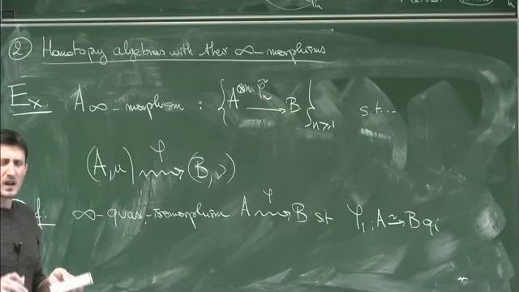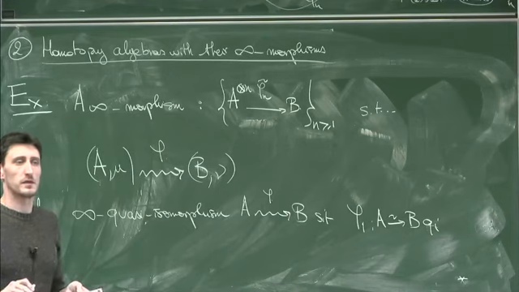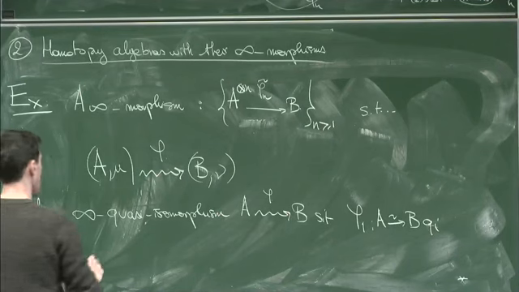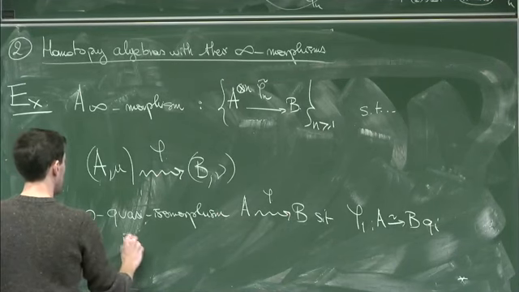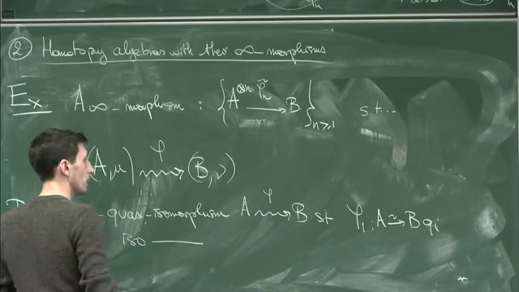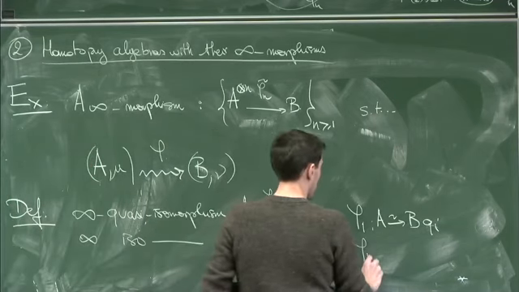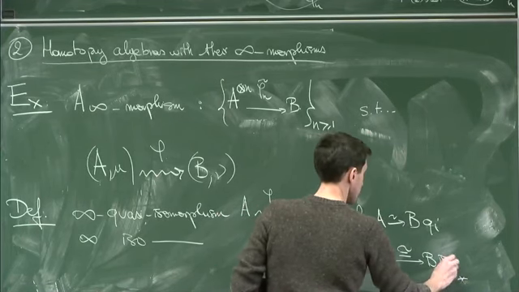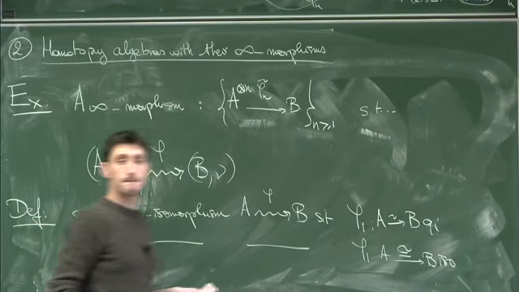I think that Kontsevich calls that a tangent quasi-isom, tangent because the first component is a quasi-isom. And you have the notion of infinity isomorphism when the first map is an isomorphism.